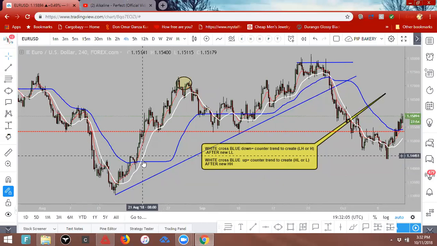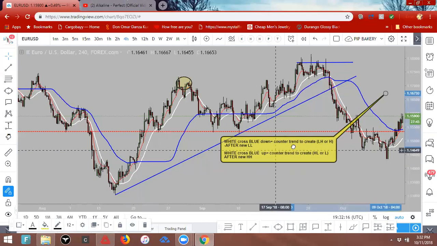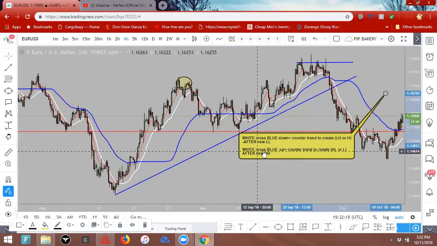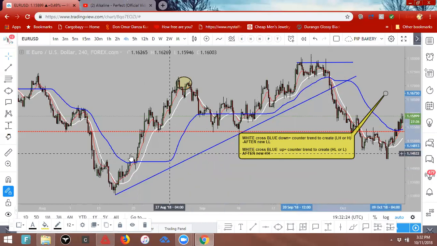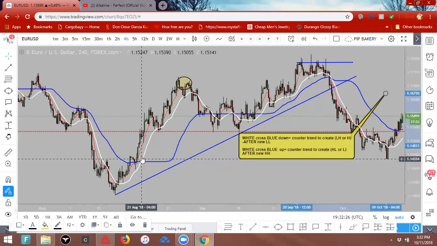So your main two to focus on are your white and blue ones. As you see right here, make sure you copy this down if you haven't already. White cross blue up, counter trend, to create a higher low or a low after finding a new higher high. So white cross blue up right here lets me know that for this current move, it's about to be weak.